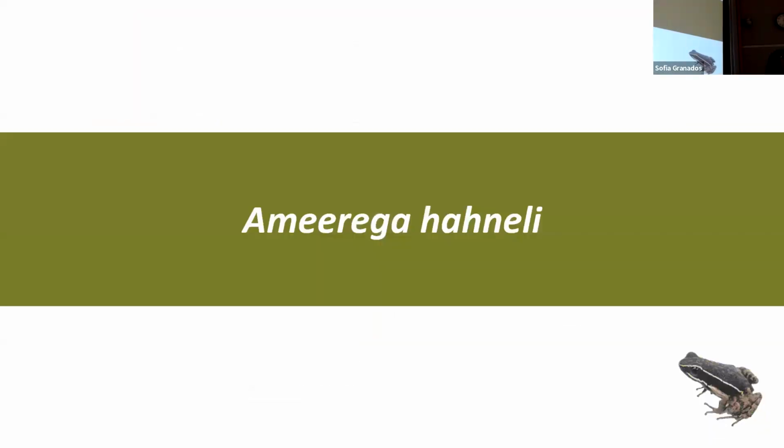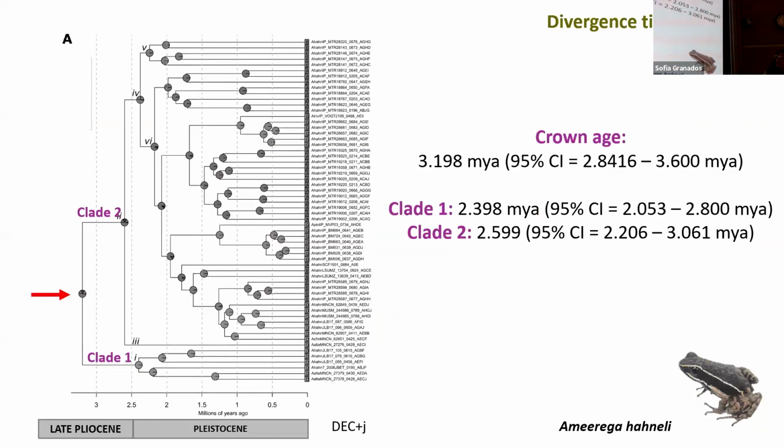Now for the other species, Amerega haneli, this is the phylogeny that we obtained. Again, we recovered two clades. The crown age of this species was 3 million years ago, and then after that we have a split where clade number 1 started diverging 2.3 million years ago, and clade number 2 right here started diverging 2.5 million years ago.